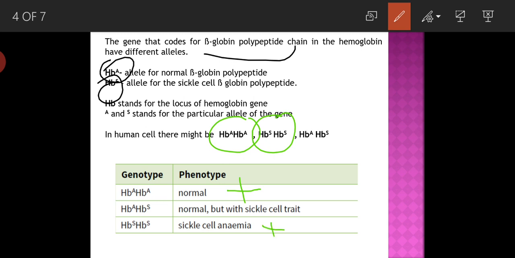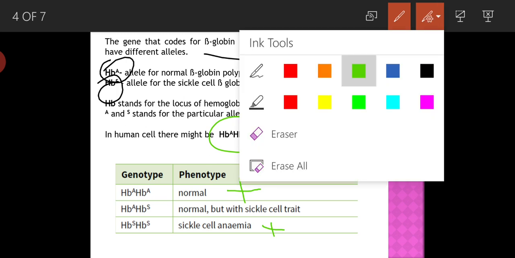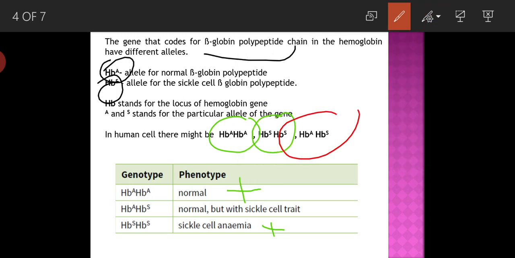And the last genotype, HbA HbS, which is the genotype for a person who is normal but has the trait for sickle cell anemia, which means that this person is a carrier of the disease. They are normal, but they have a gene of the disease.